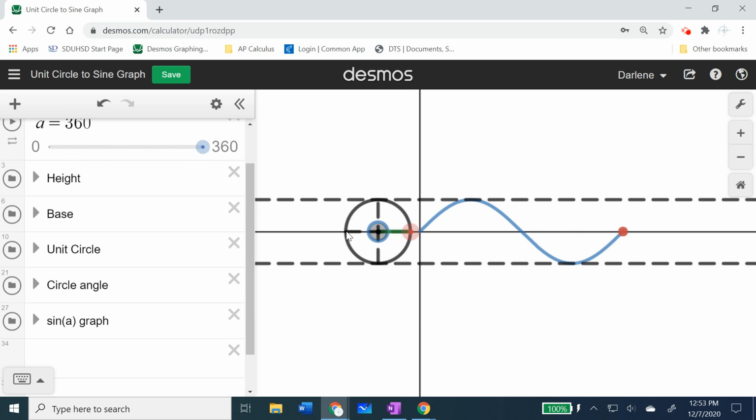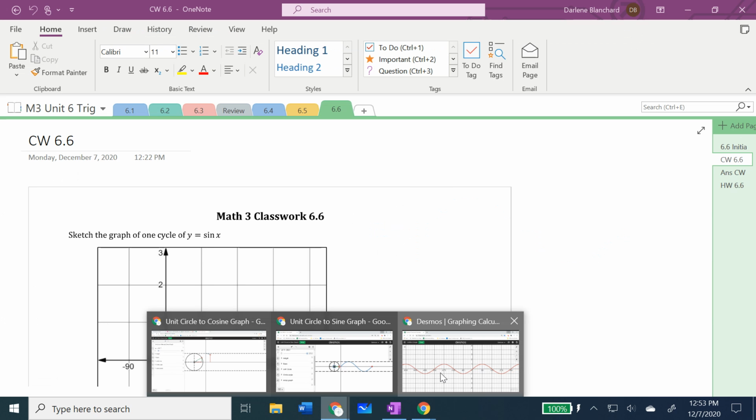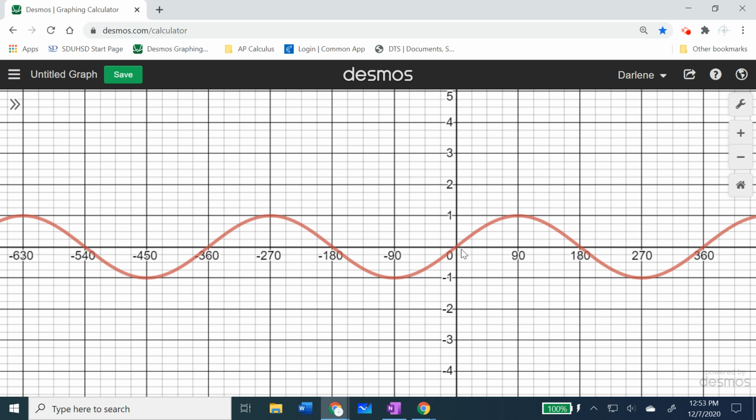But if I were to head the negative direction, that would create this graph along here moving in the negative direction. And so this is a graph that goes both directions from negative infinity to positive infinity.